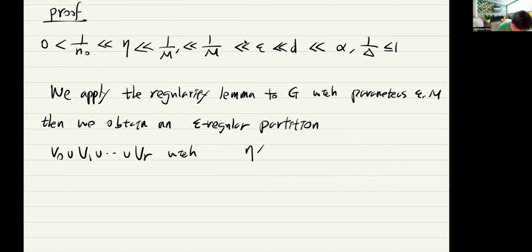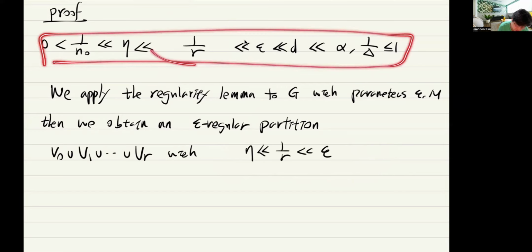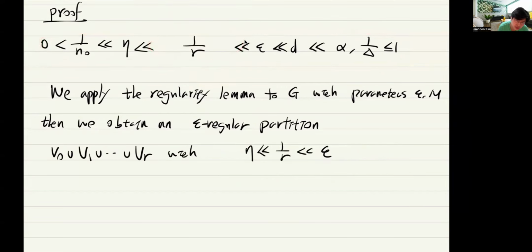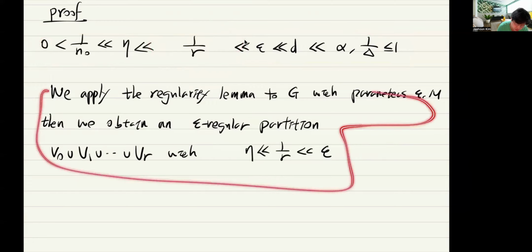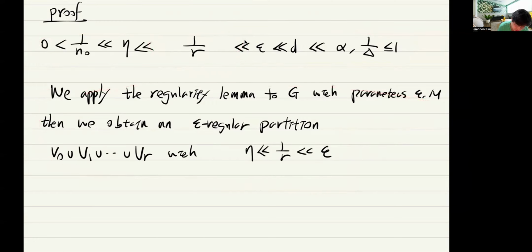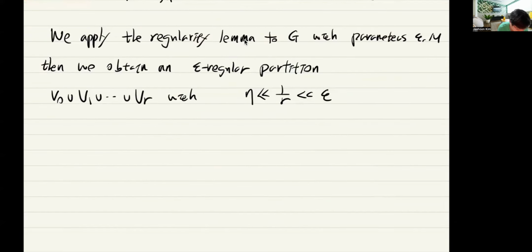We know that this holds, so we might as well just write it here. But formally, at this point, we don't have a parameter R yet until we actually apply the regularity lemma. So it's better to write it this way. This is more rigorous.